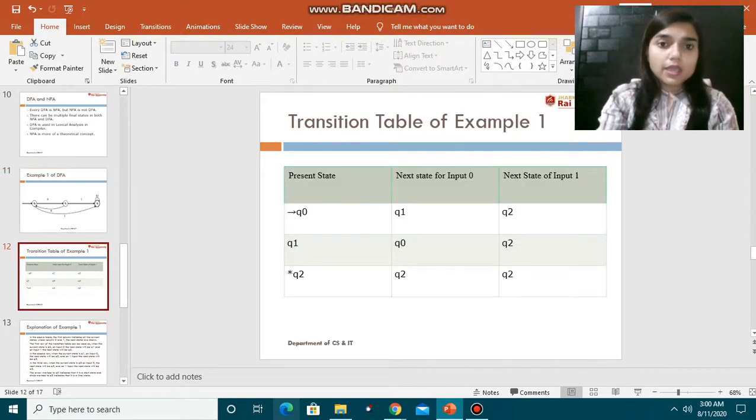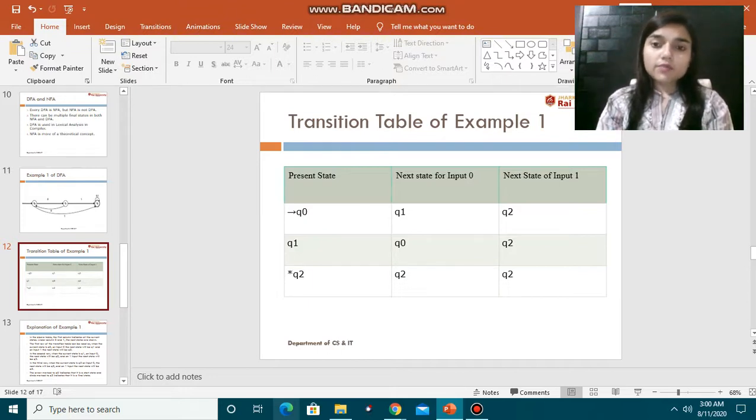So let's see the transition table. In Q0, on giving 0, we reach Q1, and on giving 1, it reaches Q2. In Q1, let's see the third row, on giving 0, it reaches Q0, and on giving 1, it reaches Q2.